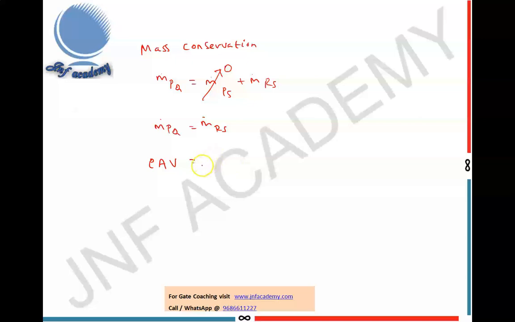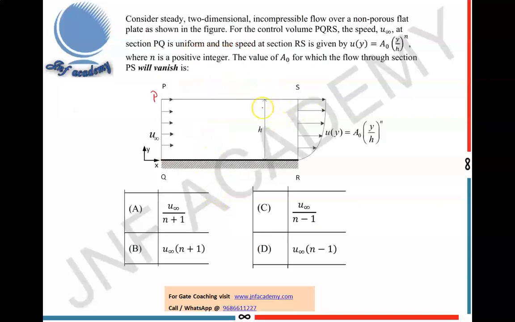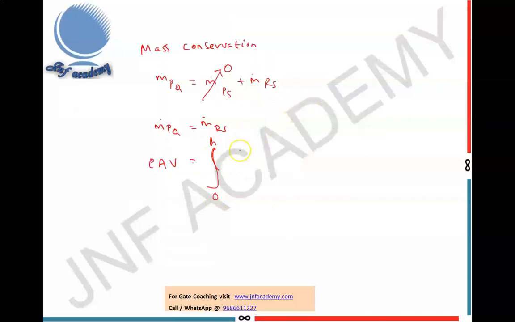So how we can put that is integral 0 to h, because the plate distance is 0 to h, and let's substitute the velocity variation that is given in the question: A naught into (y by h) the whole power n, right? So this is the velocity variation, into b into dy, where b is the width of the plate.